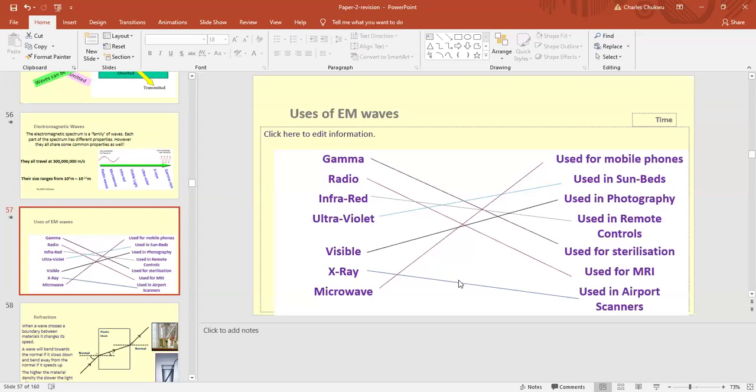I don't want to think that that was connected to MRI, but it might just be that. Infrared rays used for remote controls. Ultraviolet rays used in sunbeds. Visible rays, of course, the visible part of light, used in photography.